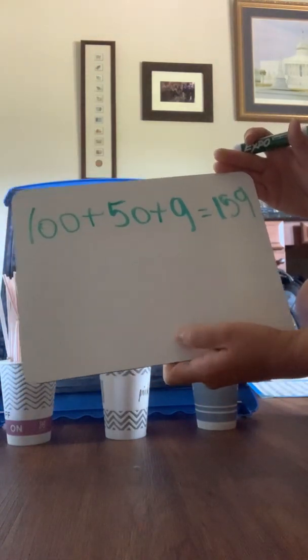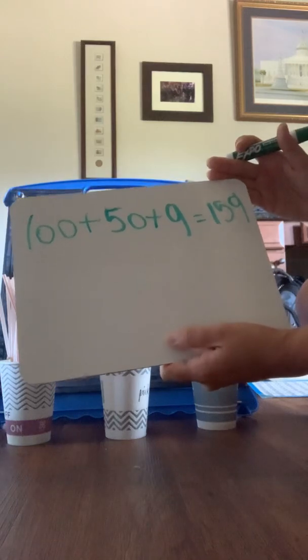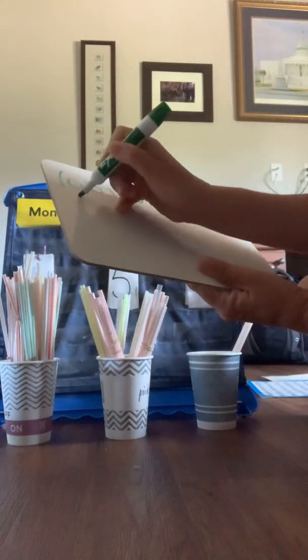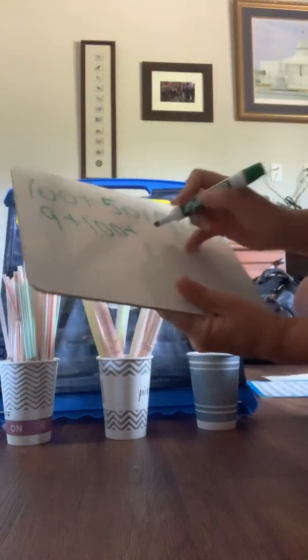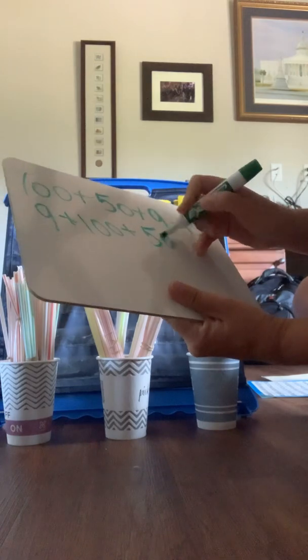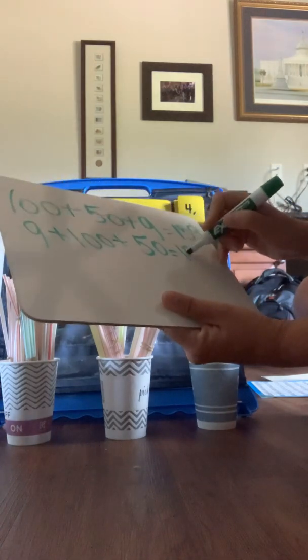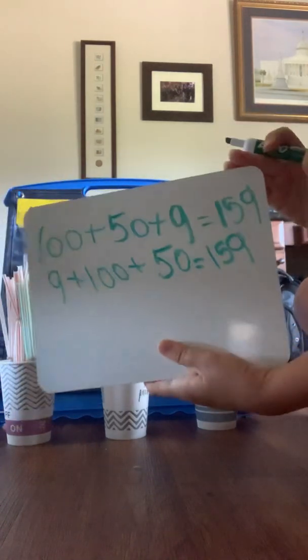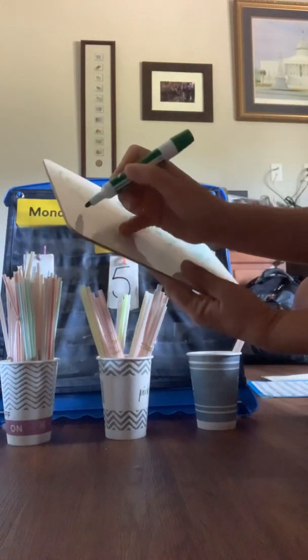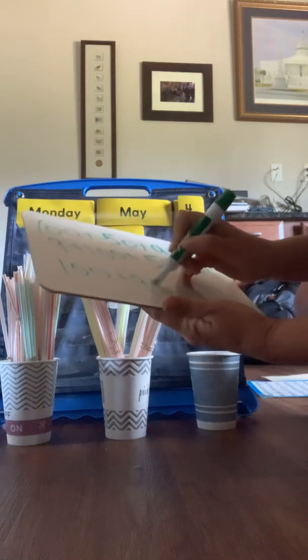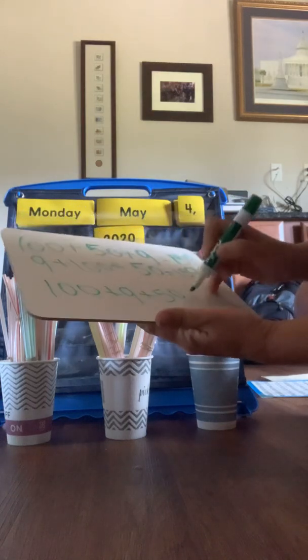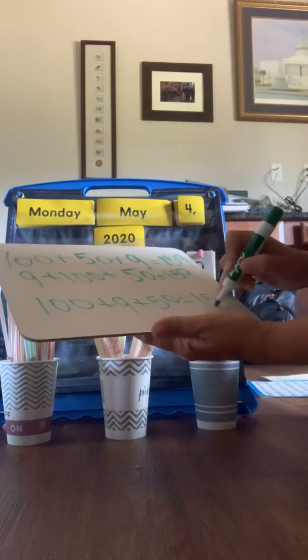Commutative property means you can add numbers in any order. The answer stays the same. So you could say 9 plus 100 plus what? 50. And it still equals 159. Or you could say 100 plus 9 plus 50 equals what? 159.